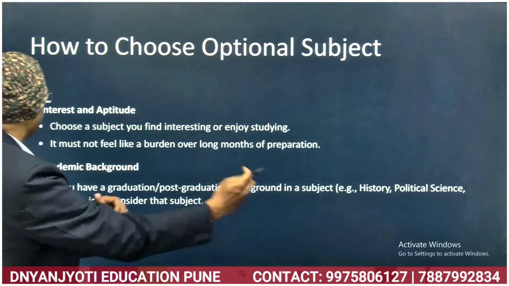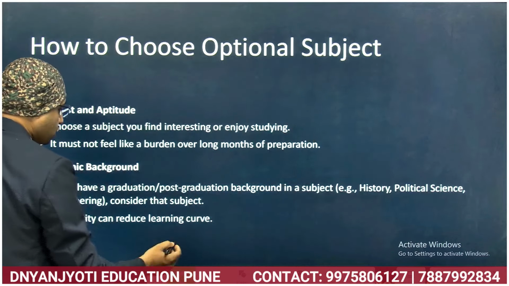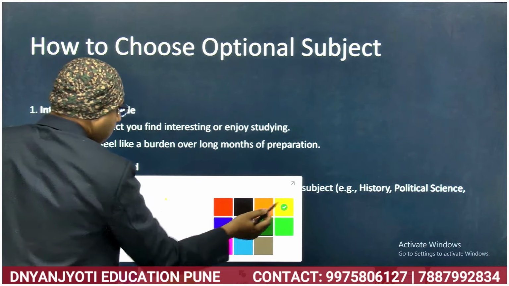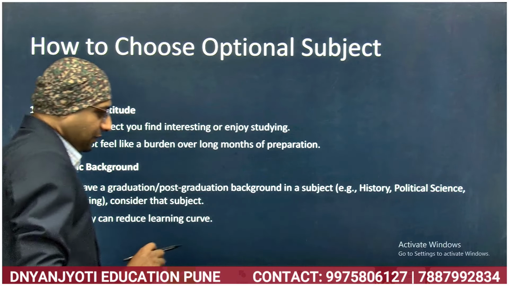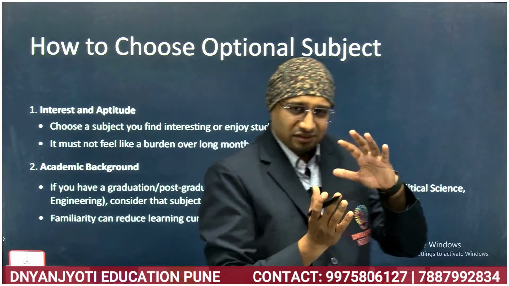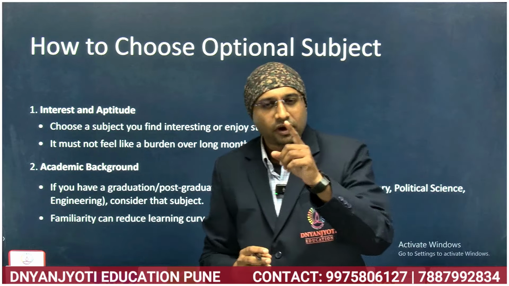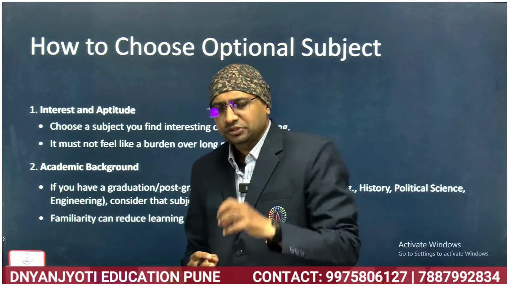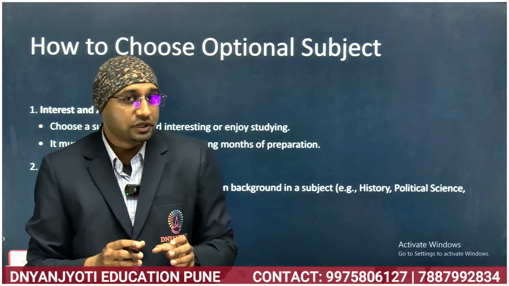See, how to choose optional subject. It's a very crucial point we need to discuss. If you check the overall examination pattern of UPSC, you will find that optional subject is carrying almost 500 marks, 250 each.